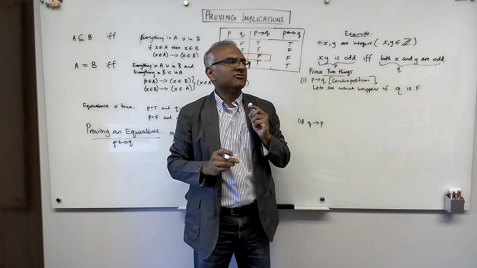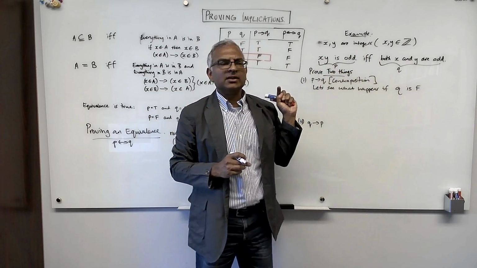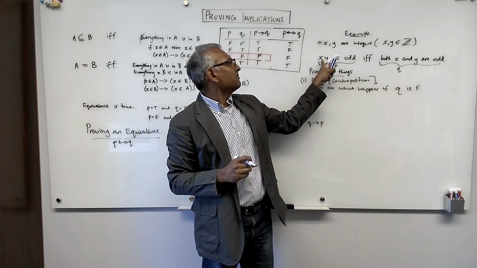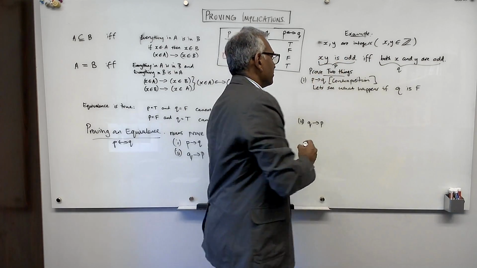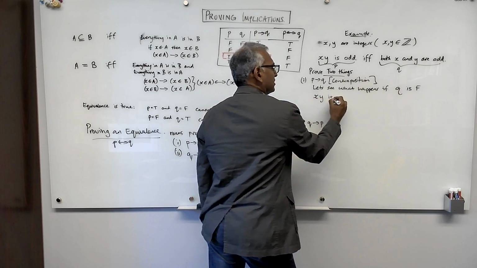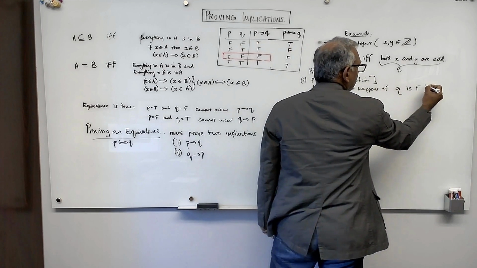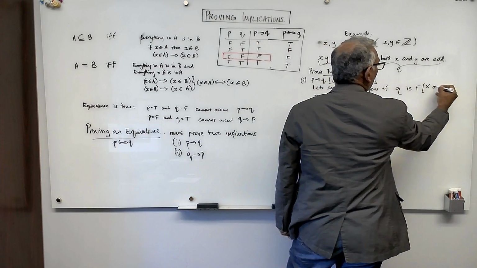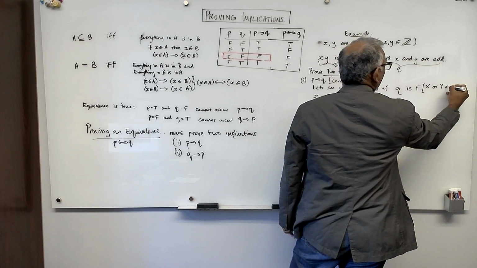It means one of them is even. If one of x and y is even, then this is the product of an even number times something. So then xy, so let's see what that says about P. So Q is false. That means x or y is even.